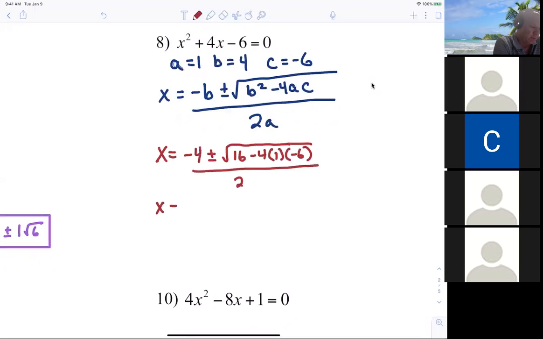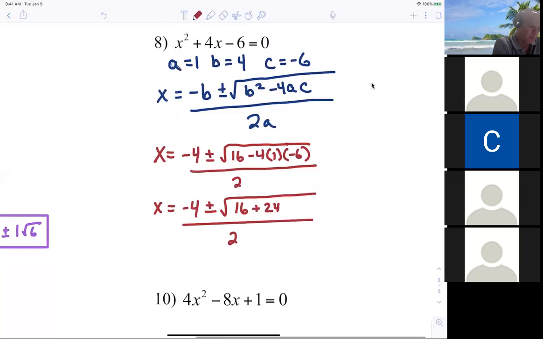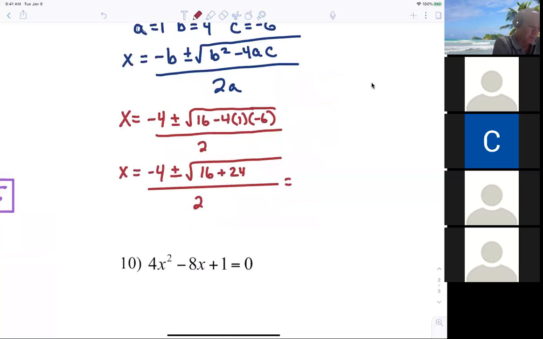So X equals -4 plus or minus the square root of 16 plus 24, all over 2. And so now that equals -4 plus or minus the square root of 40, over 2.